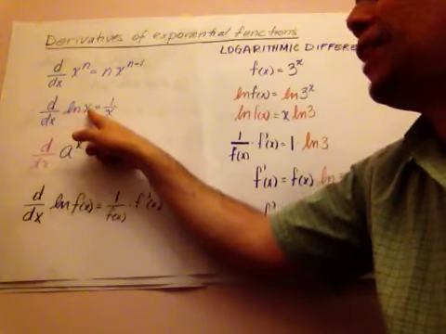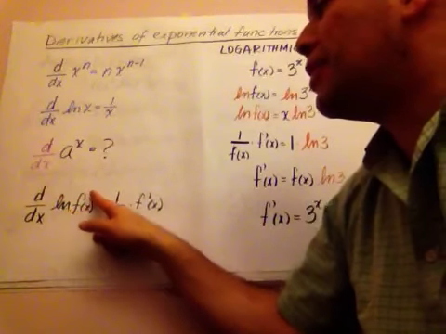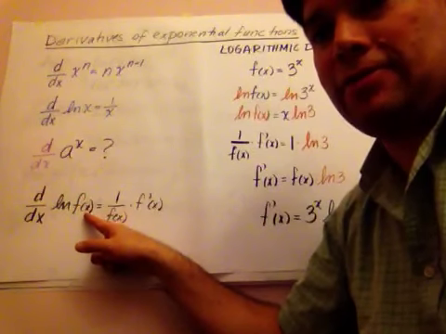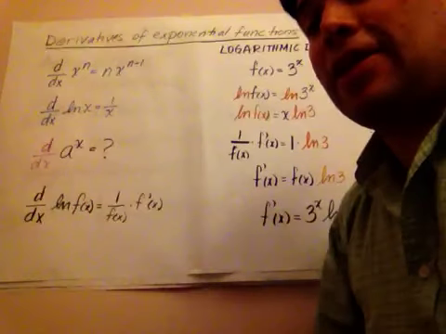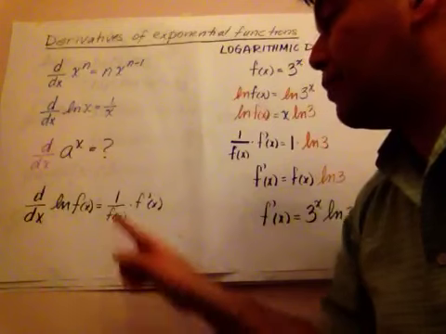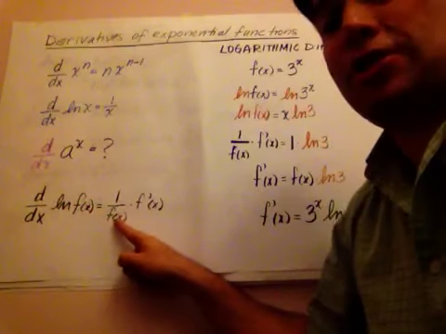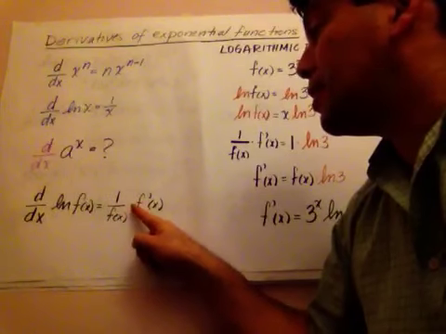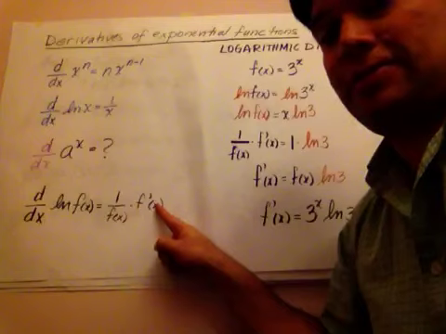If instead of just the natural logarithm of x, we have the natural logarithm of some function of x, then its derivative by the chain rule is 1 over the argument of the natural logarithm, which is f of x, times the derivative of f of x, f prime of x.